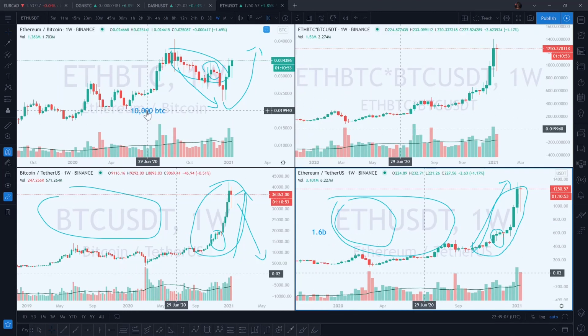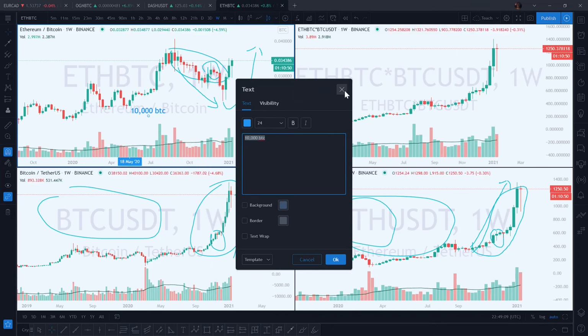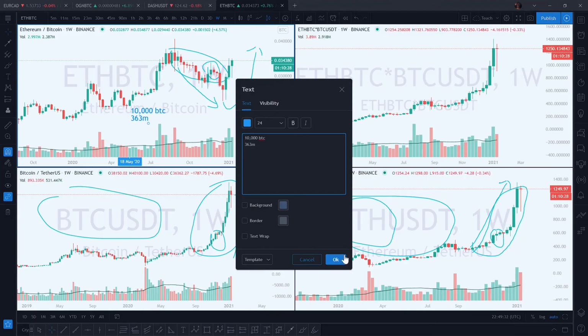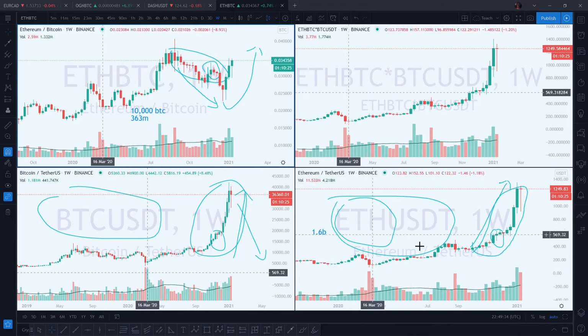If we multiply 10,000 Bitcoin by the current value of Bitcoin, how much should that be? This is nowhere near the trading volume on the USDT pair.